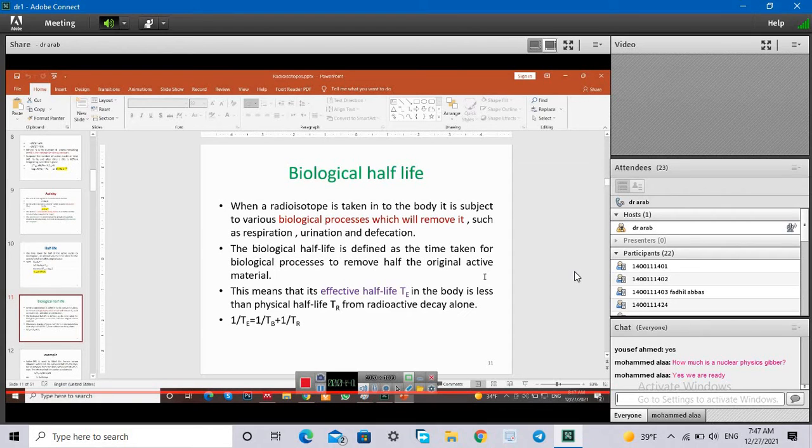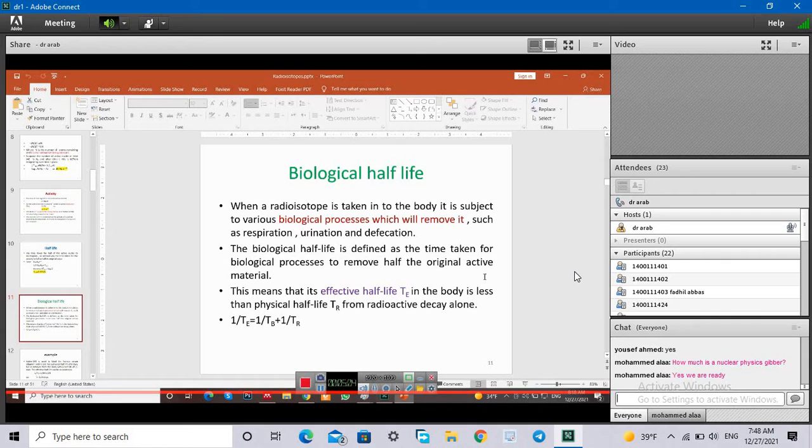After that, besides physical half-life time, we have another half-life time, that is biological half-life time. In fact, when the radionuclide is taken up into the body, various biological processes such as respiration, urination, and defecation are done to remove the drug from the body.